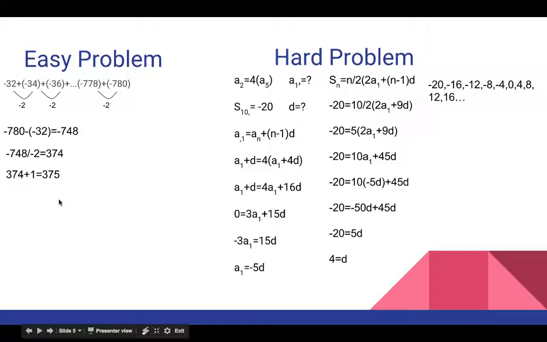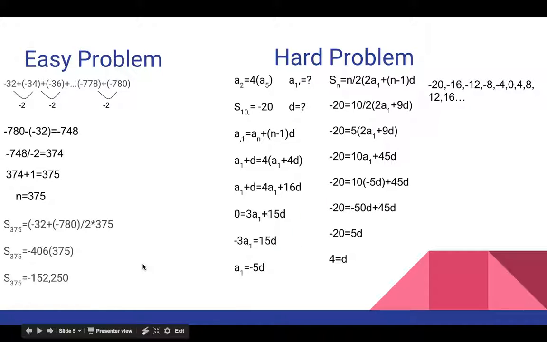So now we know that n is equal to 375, because that's the total number of terms in the series. Now that we know all our information, we can plug it into our equation, which equals this right here. So it's a1 plus an, divided by 2, and then times n, because, like I said, that's the number of terms in the whole series. And then once we solve it, we're going to get negative 152,250.